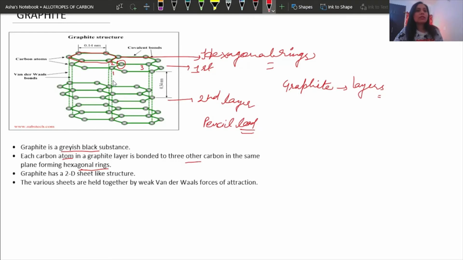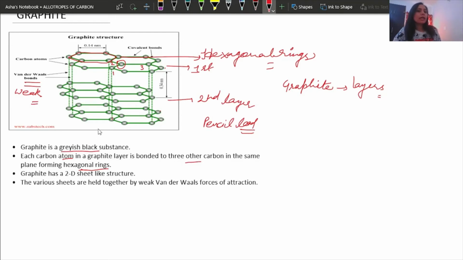So in this way the 4 valencies of carbon are satisfied here, but the bonding crosses from one layer to the other layer. And these bonds which are going from one layer to another layer are called van der Waals forces, and these forces are very weak.